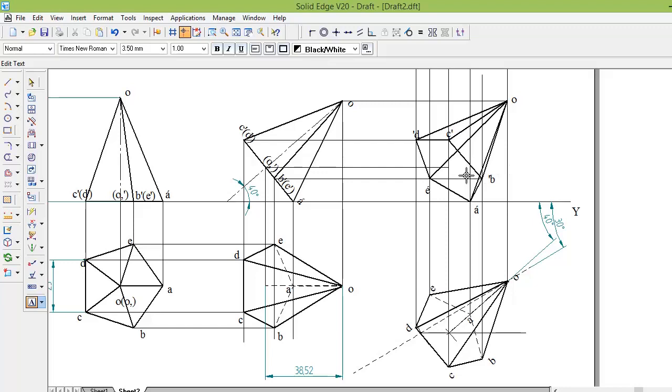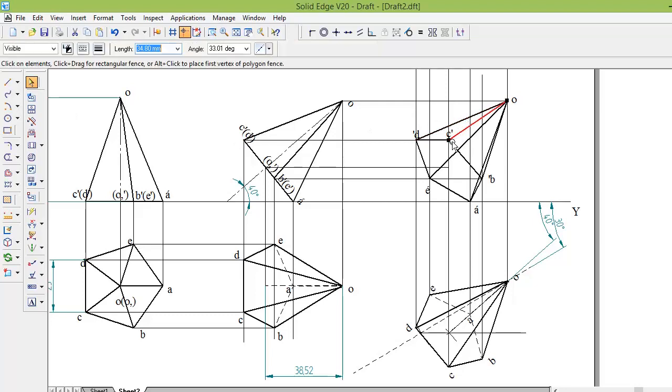Okay, so in this case, away from this is C and B, or near to XY is E and A, which is a hidden line.